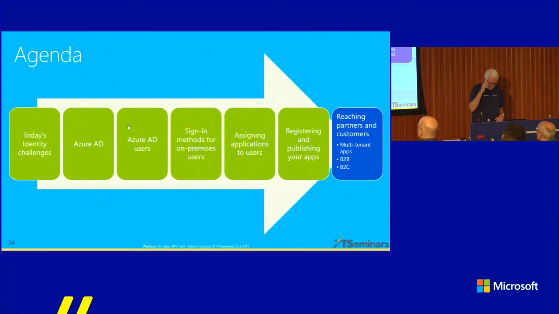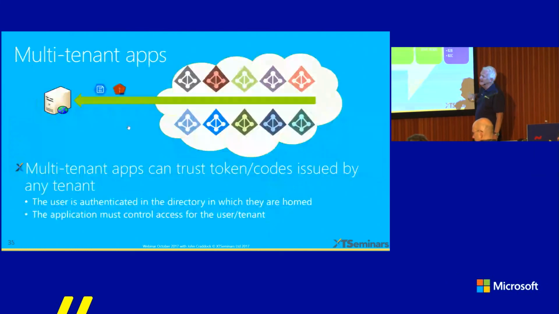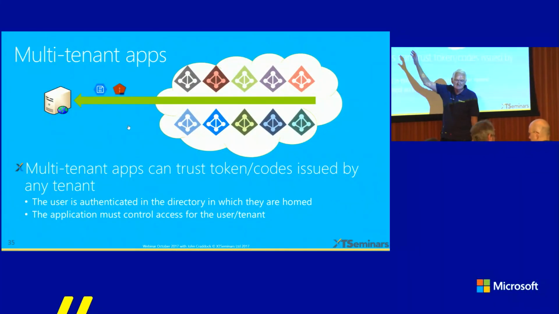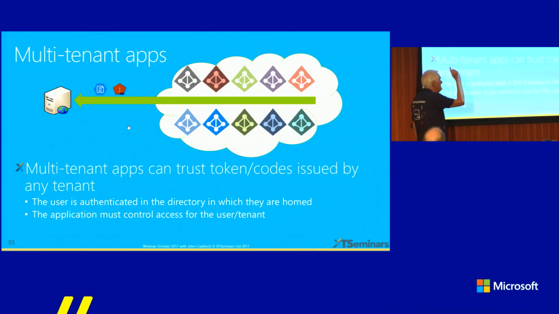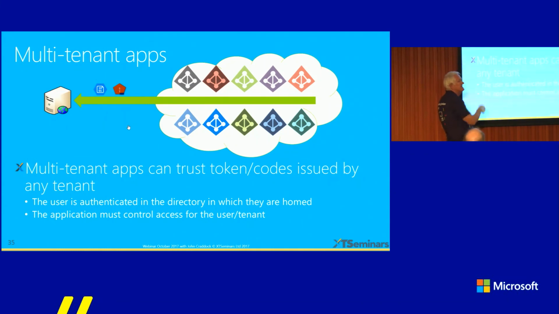In terms of registering and reaching out to partners, we've got the ability to create a multi-tenant app. If you create a multi-tenant app, it means anyone from any tenant can produce a security token to gain access to that app, right? So it's down to the app to decide who is allowed to access it.